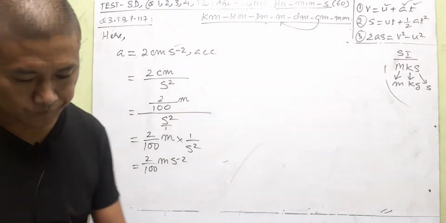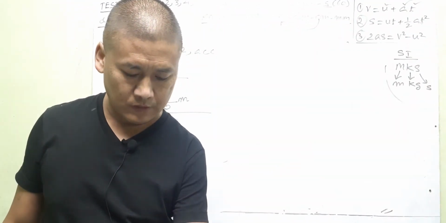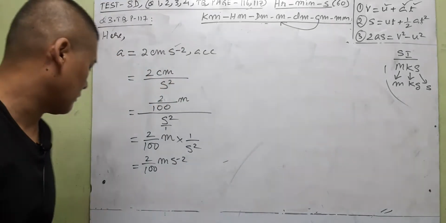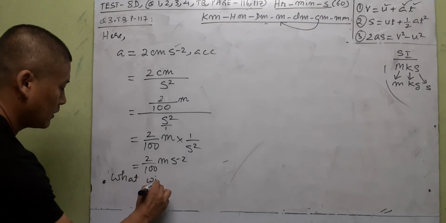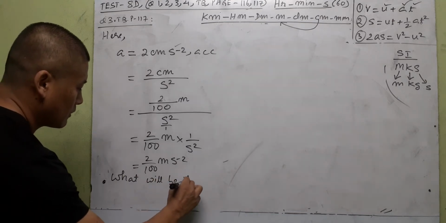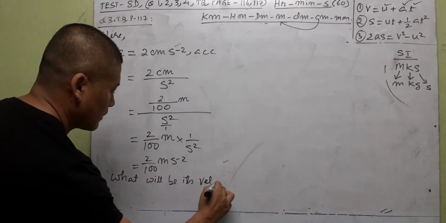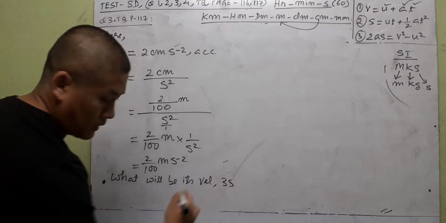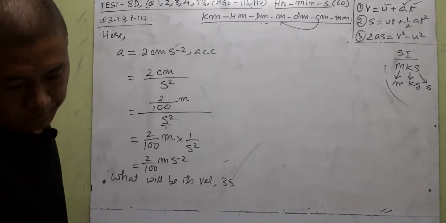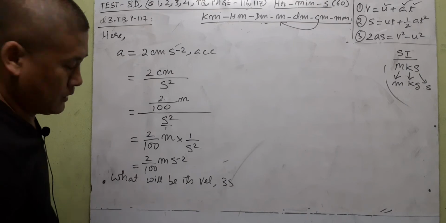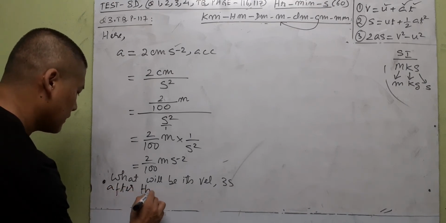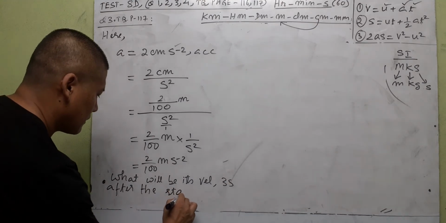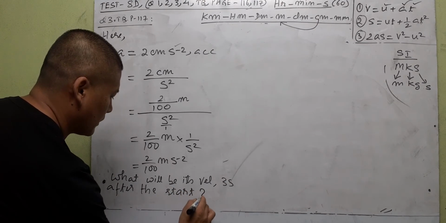It says, what will be its velocity 3 seconds after the start? So the question is saying, what will be its velocity 3 seconds after the start, question mark.